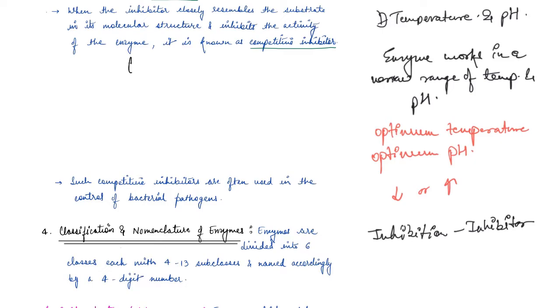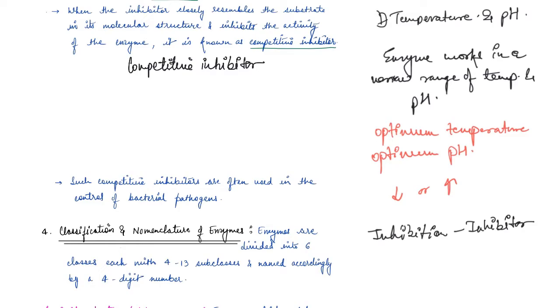It is also known as a competitive inhibitor. So you'll have to remember all these words. When a chemical substance stops the activity of an enzyme, it is known as an inhibitor, and that process is known as inhibition.